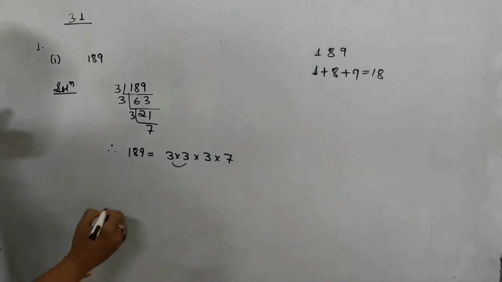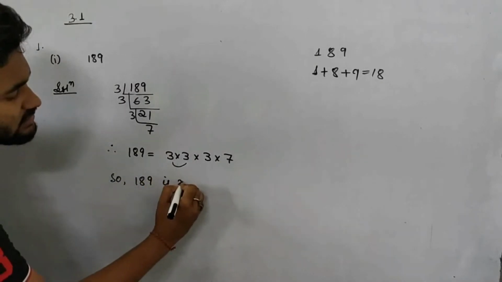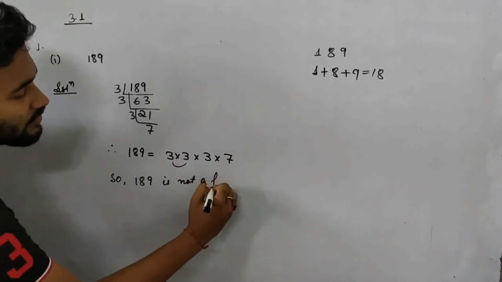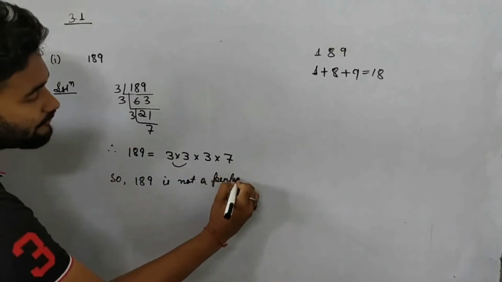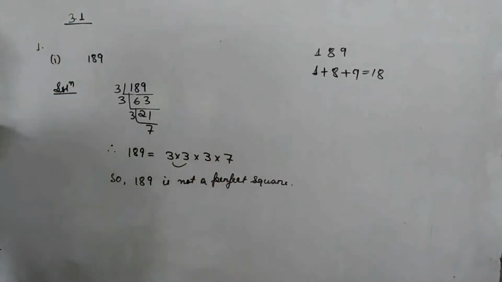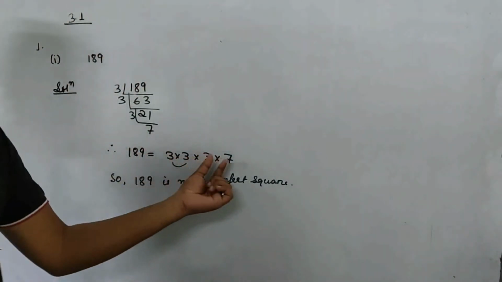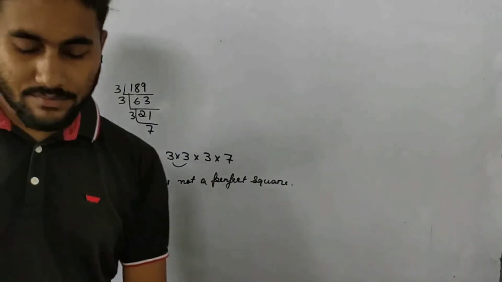So we can say 189 is not a perfect square. Understood? If they stay in pairs, then we will write yes, it is a perfect square.